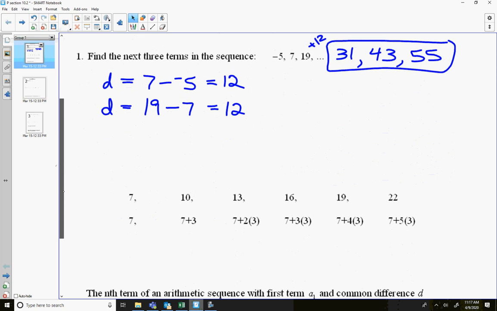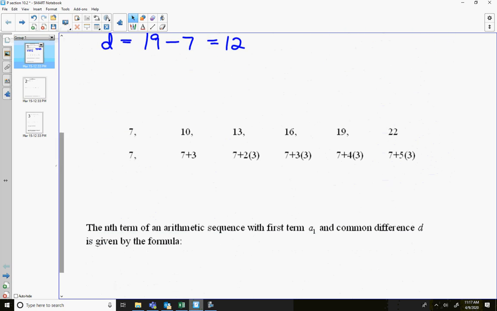All right. Next. This normally works better as a classroom interaction thing, but we're just going to fake it. Here we have a sequence, and I'm trying to develop a formula, to show you where the formula comes from.